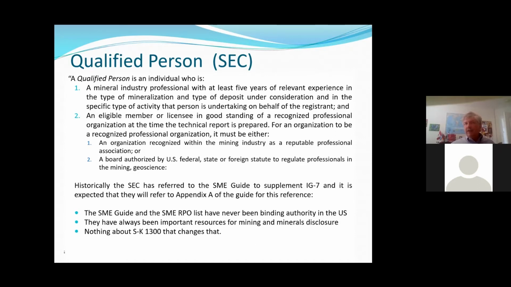However, they have always been important resources for mining and minerals disclosure, and the reviewers for the SEC have consulted those historically. There is nothing about SK 1300 that changes how that happened in the past. So we assume that the SME Guide will continue to be a resource for them, and that following that methodology and those recommendations will be positive for disclosing your mineral resources.